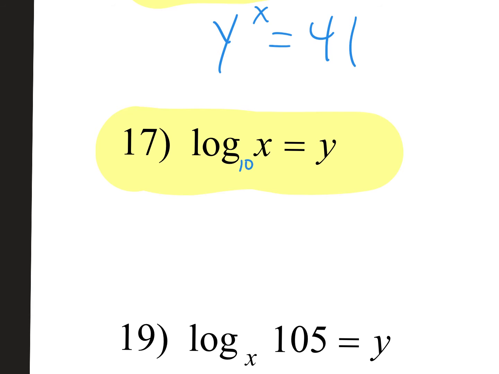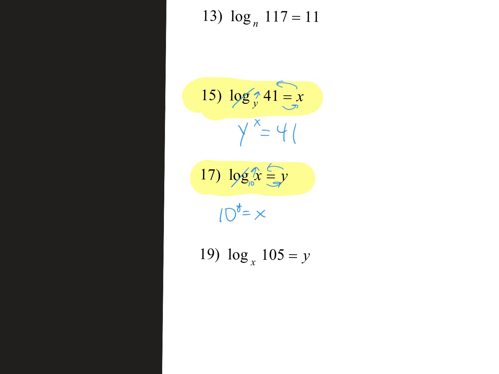If you don't want to and you just want to know it, fine. But in this case, your log goes away. 10 becomes the large number. And what happens with x and y? They switch. Sometimes it's helpful to actually draw the little arrows, so you remember that y goes up here and x is out here. Little y, normal size x. Okay. Good.